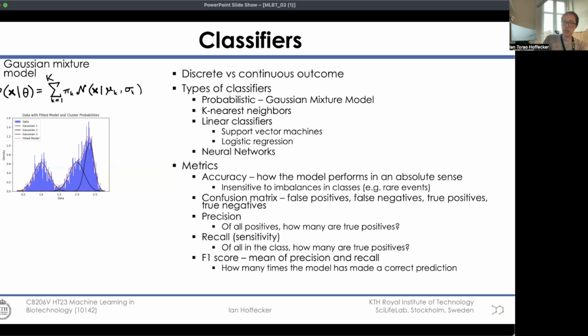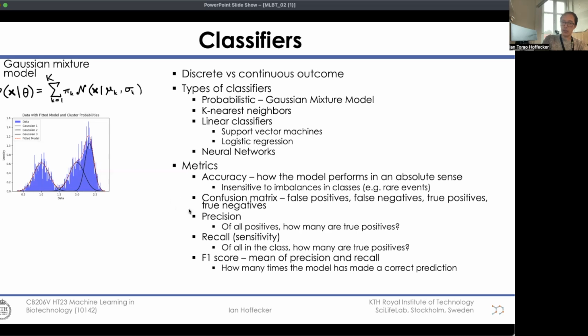For example, if I have a rare event that happens 1 in 1,000 times on average, I could create a classifier that simply spits out a negative result every time, and it would still be right 99.9% of the time. So in that sense, it has very high accuracy, but if it's always spitting out a negative result, then this is not going to have any predictive capacity.